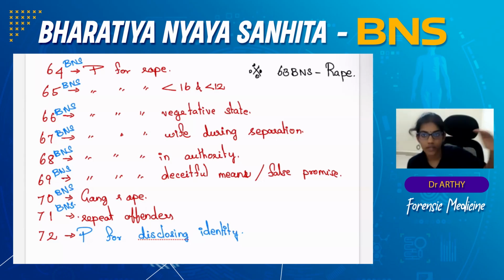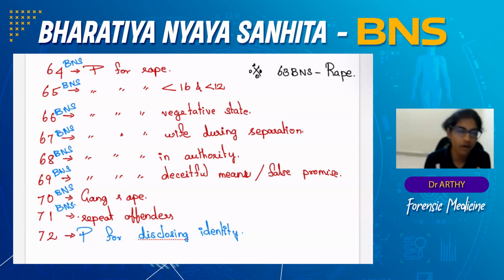So remember it again from 64, walk it down. It starts with any form of rape, whether the patient is unconscious, under the influence of drug, any other forms of rape comes under section 64. Then 65 talks about age, less than 12 years, less than 16 years. They are all dealt in section 65.